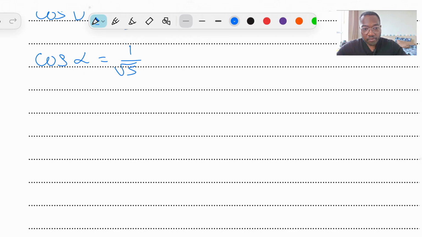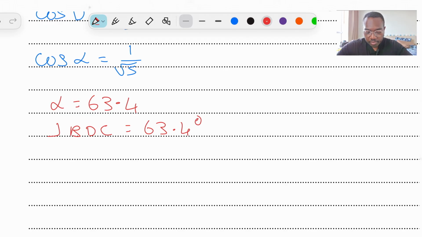Then just do the inverse cos of 1 over root 5, making sure you're in degrees, and you will get 63.4. Therefore, angle BDC is equal to 63.4 degrees, and that will be it.